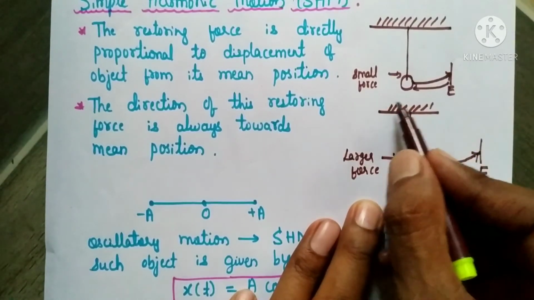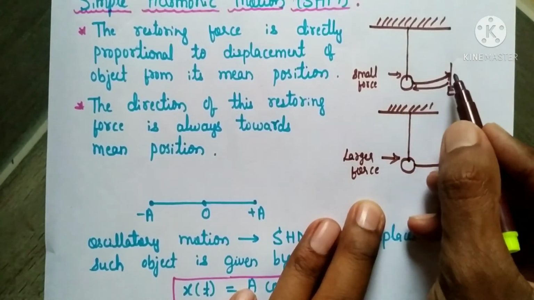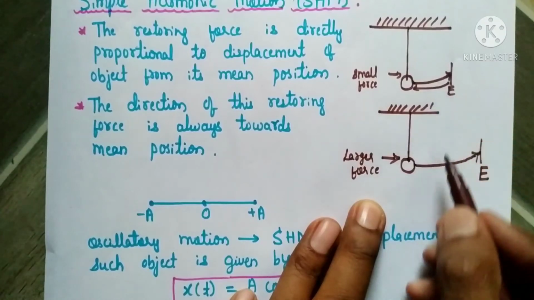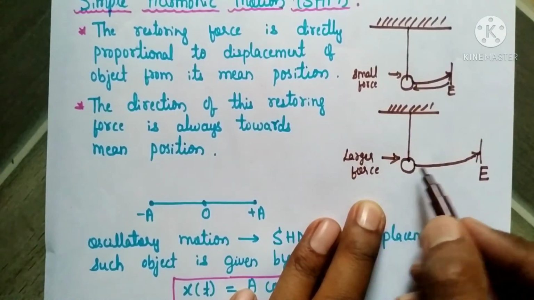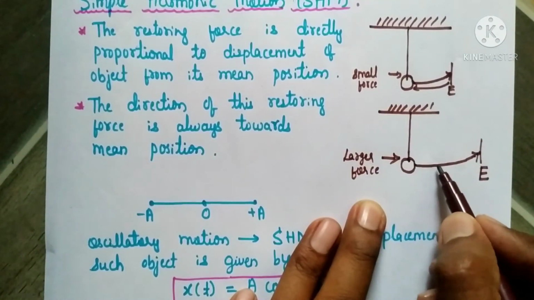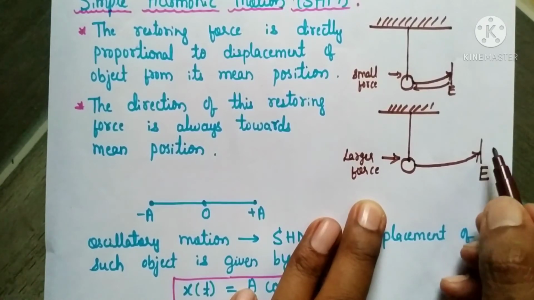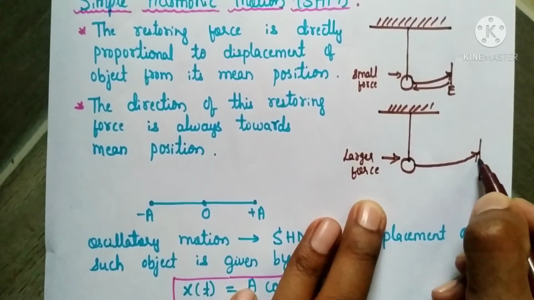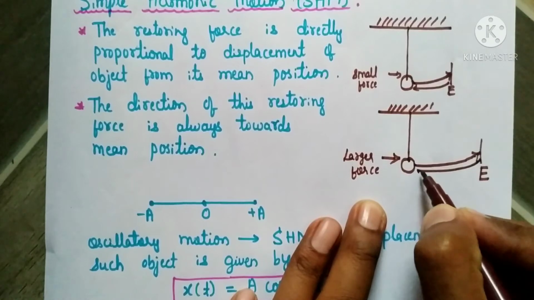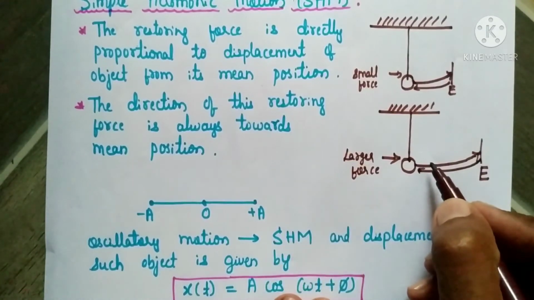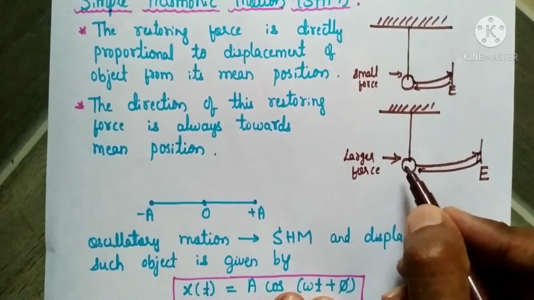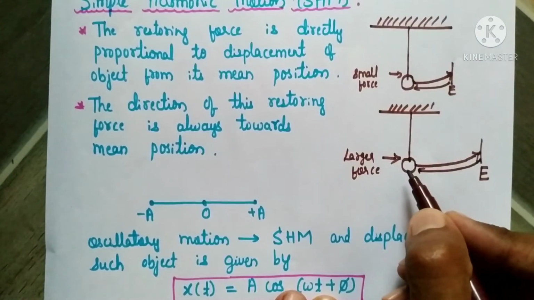When we apply a small force, the object covers a smaller displacement. When we apply a larger force, the object covers a larger displacement. As a result, there will be a greater restoring force. That means the restoring force is directly proportional to displacement.